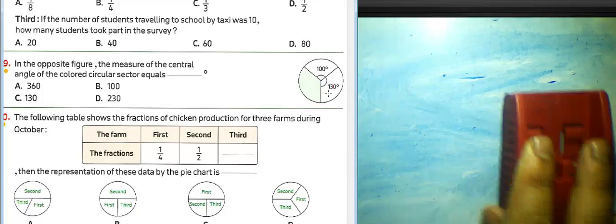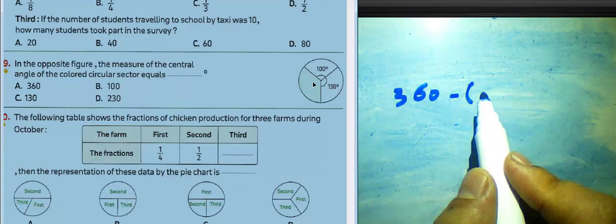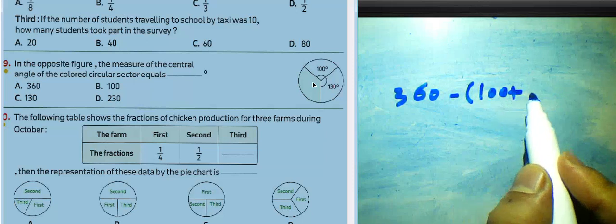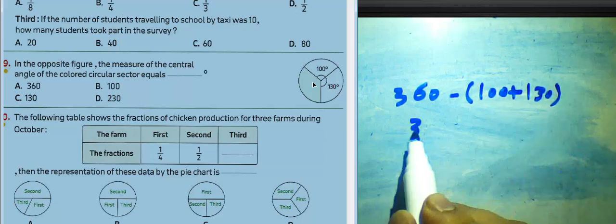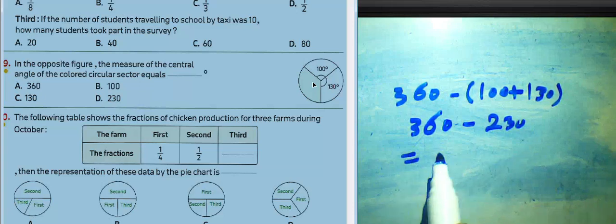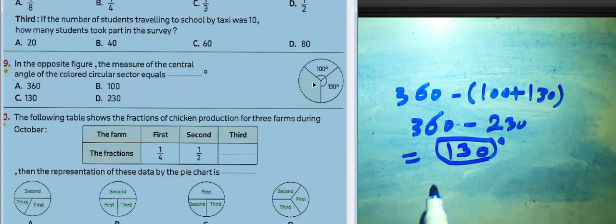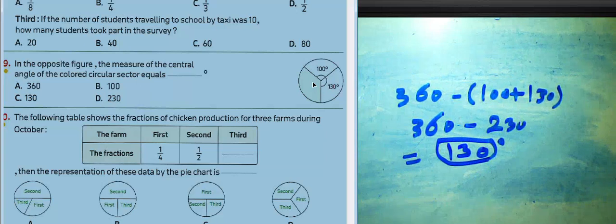So we can find the circular angle by subtracting from 360. 360 minus 100 plus 130 is 360 minus 230. The difference will be 130 degrees. So the result will be letter C for this example.